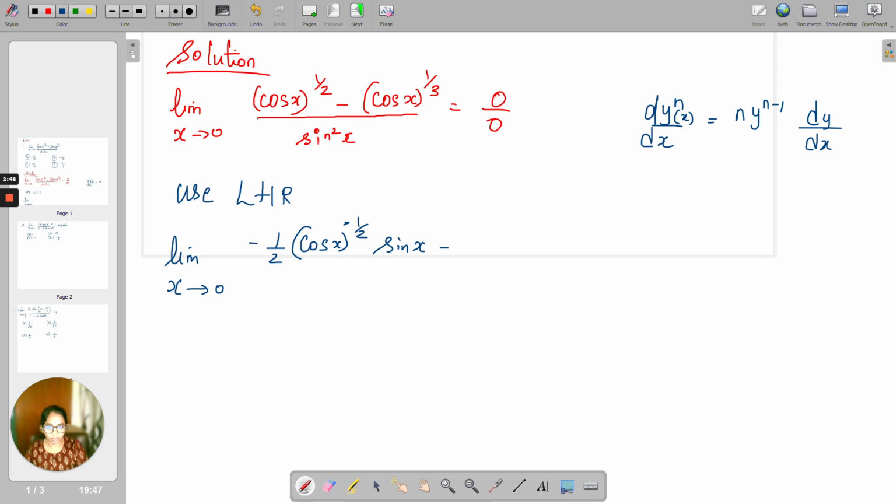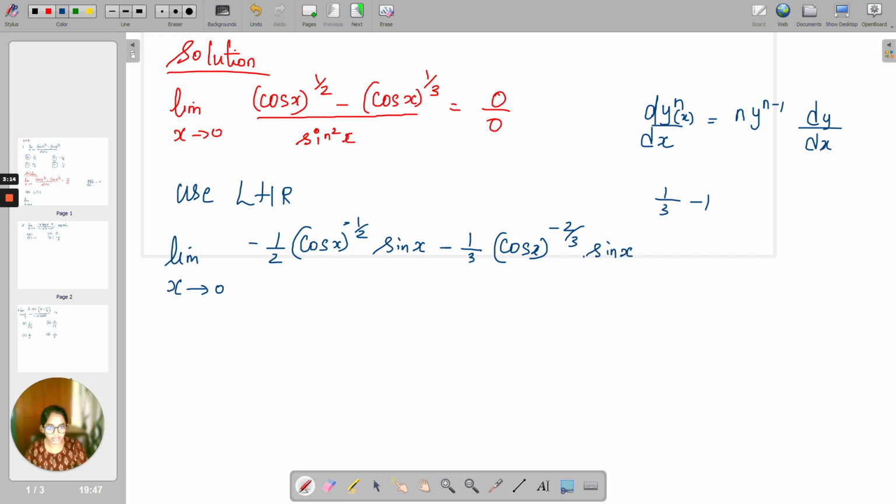Now again the same thing. I would get 1 divided by 3. What is 1 by 3 minus 1? It is minus 2 by 3. So I would get cos x to the power minus 2 by 3 into sin x.